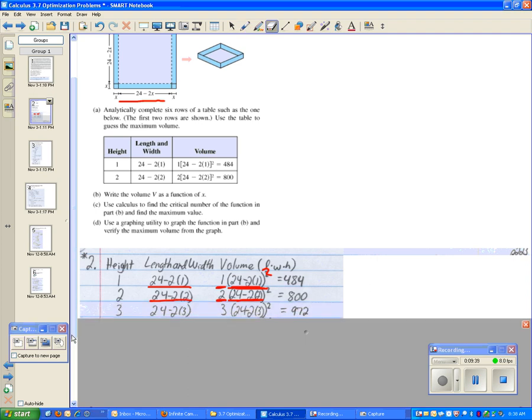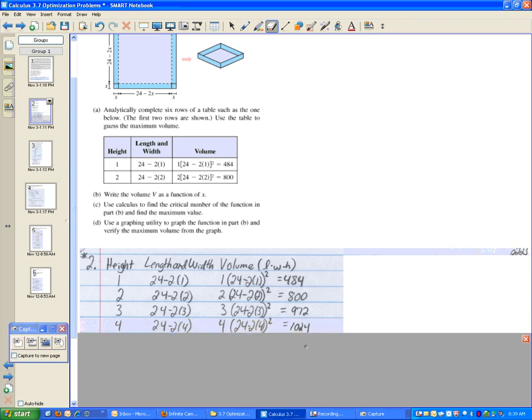Does it look something like that? Then I'll do the arithmetic for you. That's 972. Fourth row: you get 1,024 for that volume.